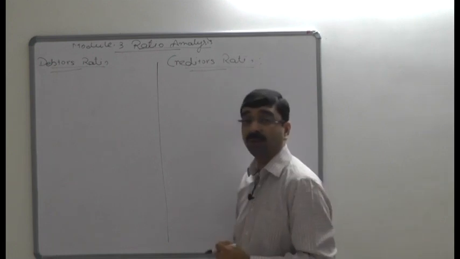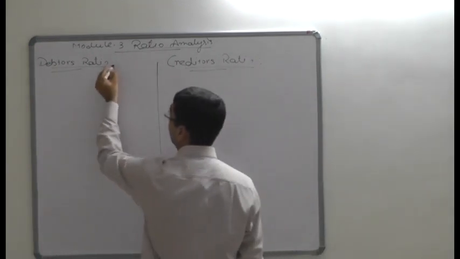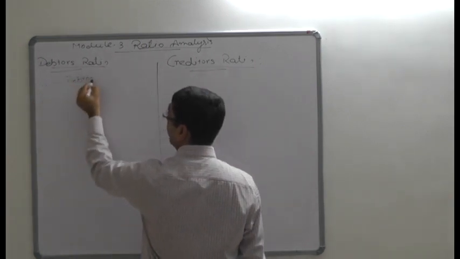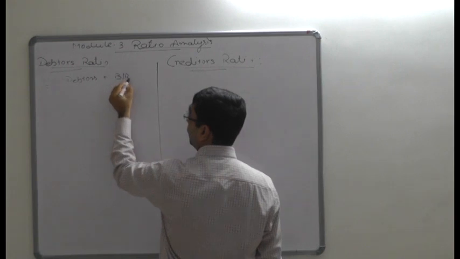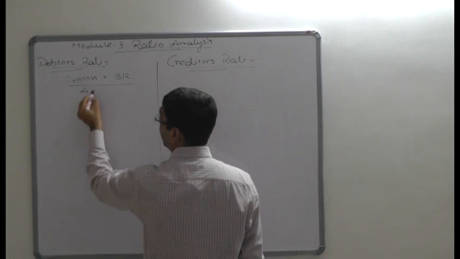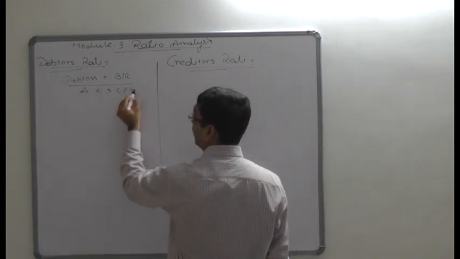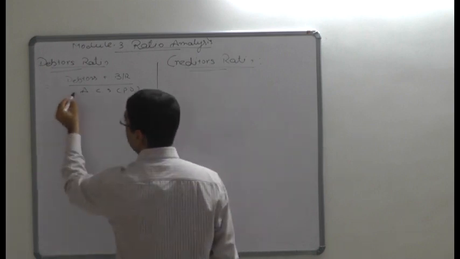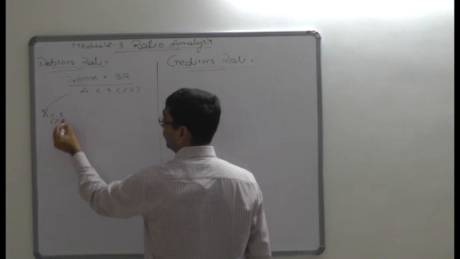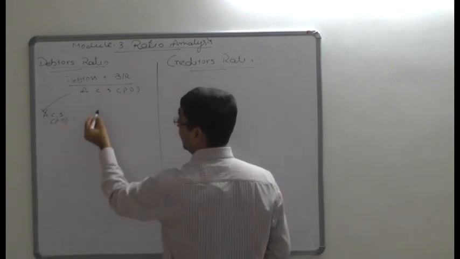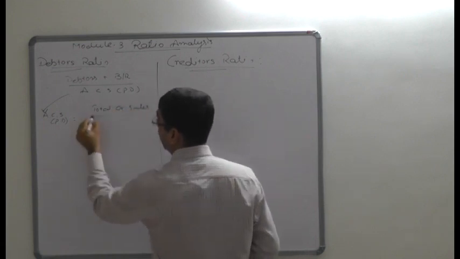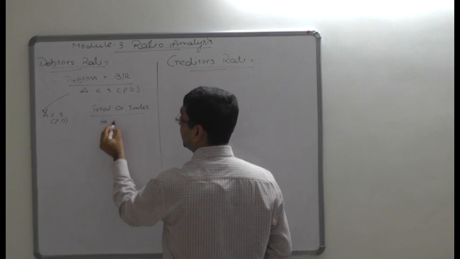So see here the formulas of the debtors ratio and the creditors ratio. The debtors ratio formula is debtors plus bills receivable divided by average credit sales per day. So in that sense, you need to identify the average credit sales per day, and you can find that as total credit sales divided by number of days.